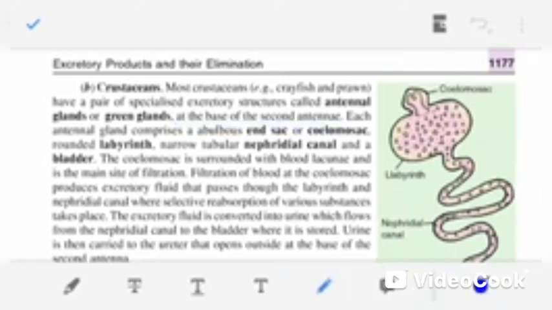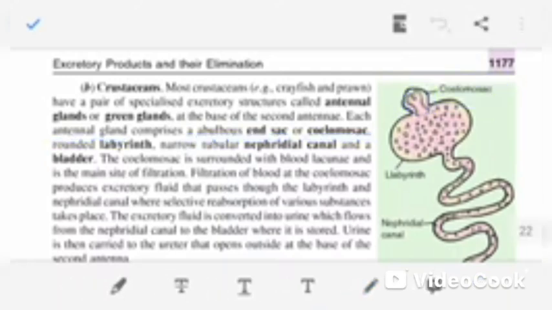Now what the green gland is made up of, the components of the green gland. Each antennal gland or green gland comprises a bulbous end sac, also known as xylem sac. So first the xylem sac is present.